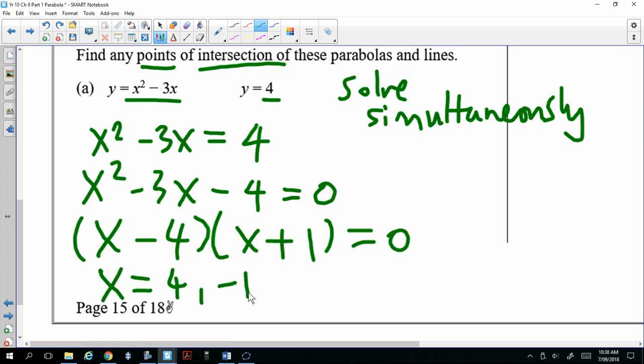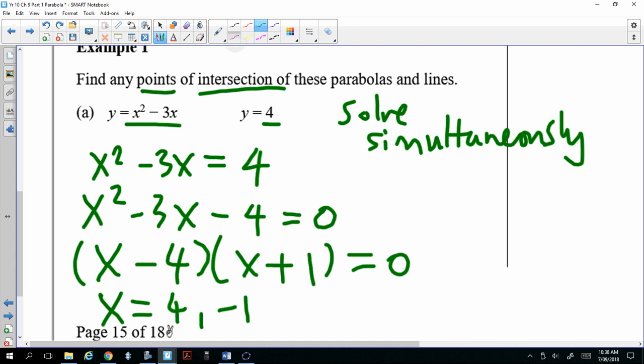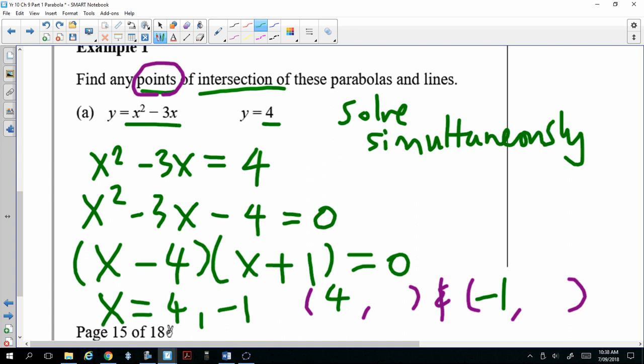Now, once we find x, it's not finished yet because they asked for the points of intersection. So your answer will be 2 brackets, right? We found the x value. We need to find the y value at each of the points.